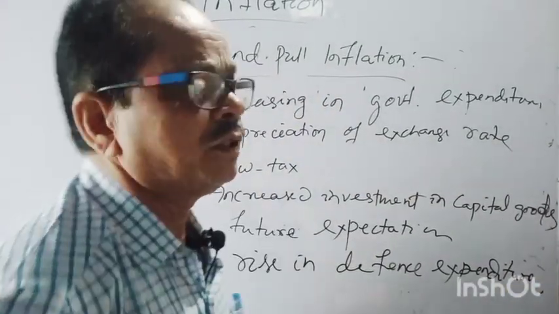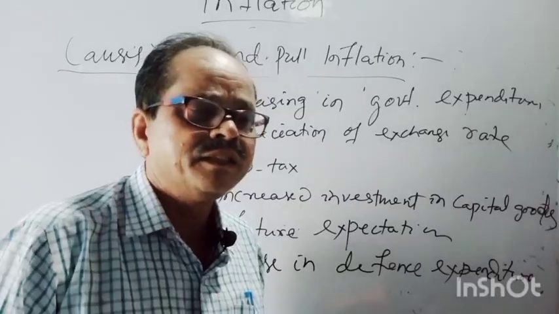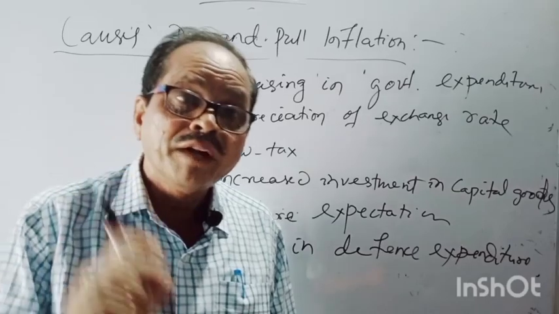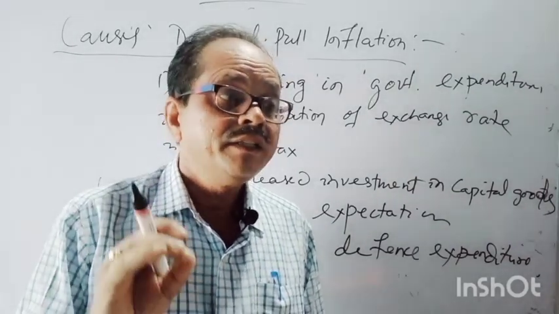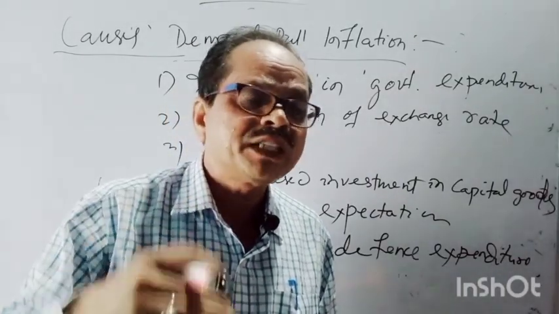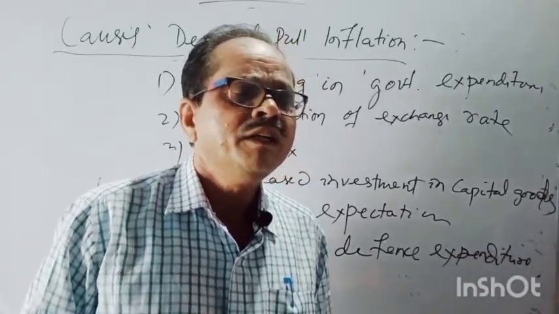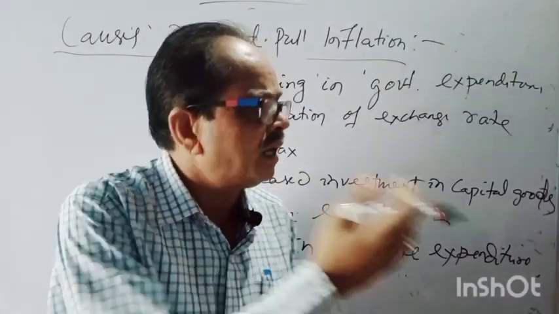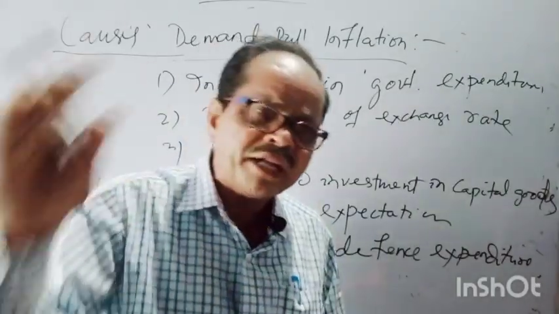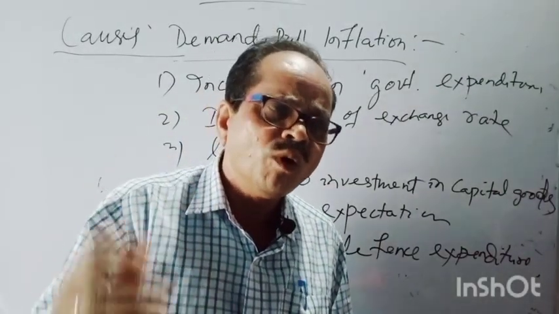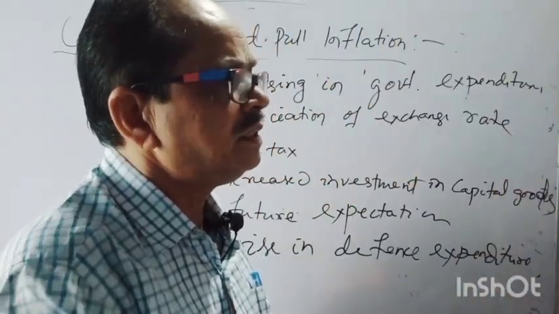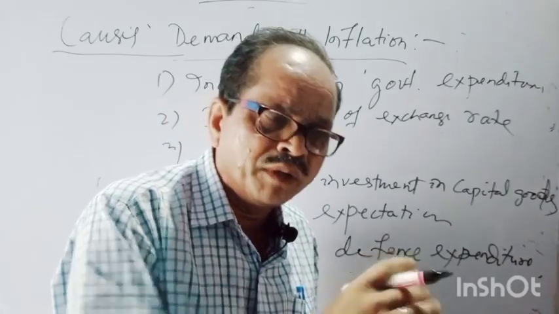Increase in government expenditure. Why does the government spend more and more for the people? Because government is for the welfare of the people. Every government spends huge money in different sectors like education, health, industry, transport, and communication, towards infrastructure facilities and the welfare of the people.